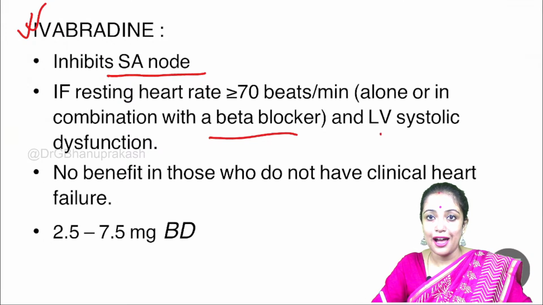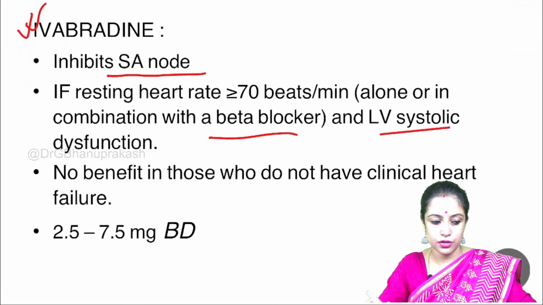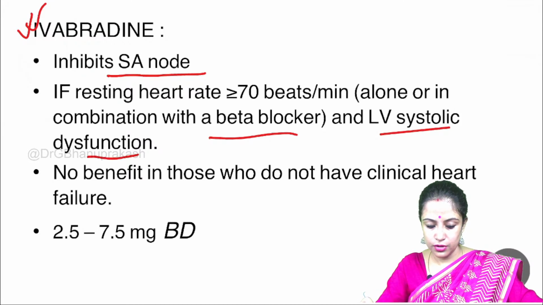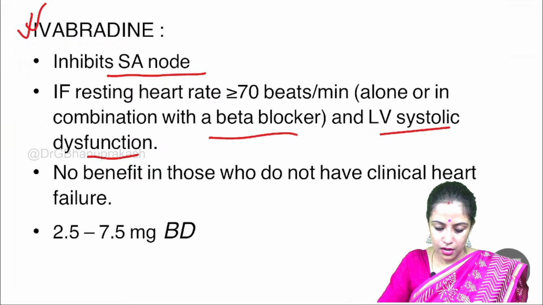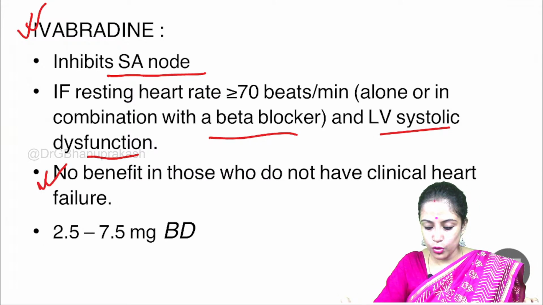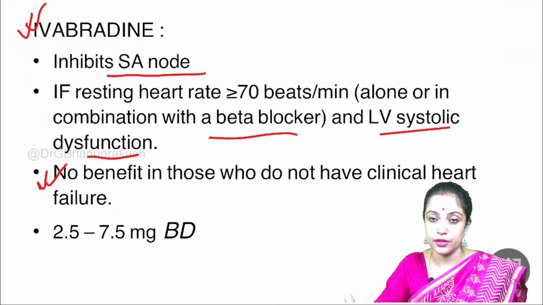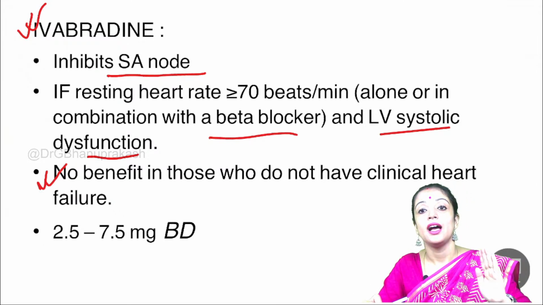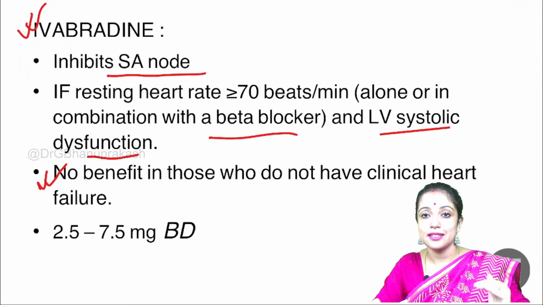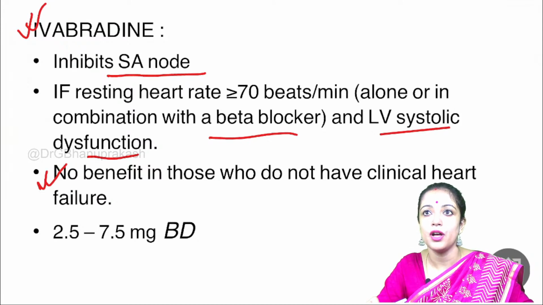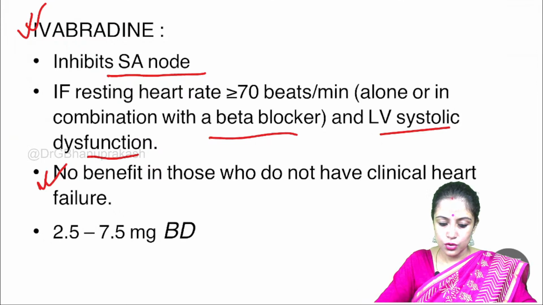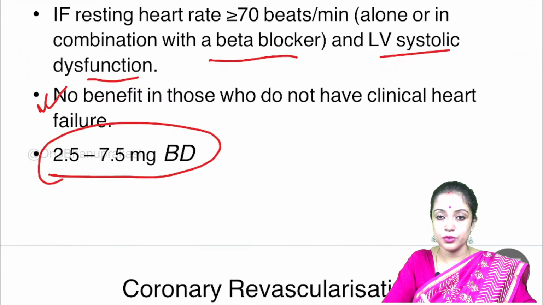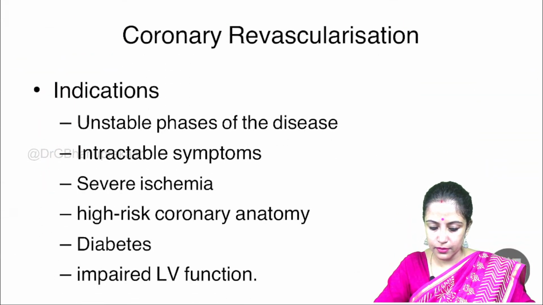The patient should also have LV systolic dysfunction to qualify for the use of Ivabradine. There is no benefit in those who do not have clinical heart failure. So the patient should have left ventricular dysfunction along with clinical signs of heart failure, and the resting heart rate should be more than 70 despite a beta blocker. The dosing is 2.5 to 7.5 milligram twice daily.